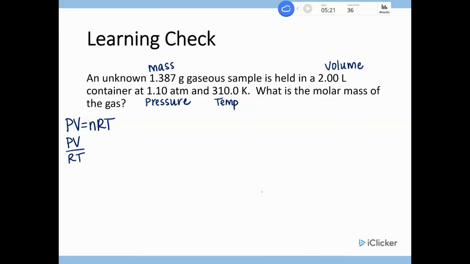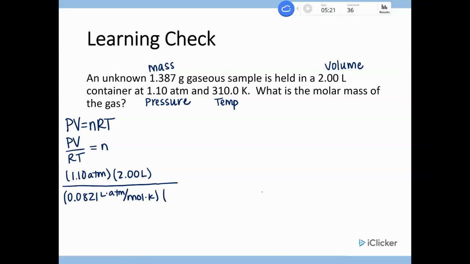Okay, we use the ideal gas law to solve for number of moles. So PV over RT equals n. Pressure 1.10 atm times volume 2.00 liters divided by R, 0.0821 liters times atmospheres over mole times Kelvin, times temperature 310.0 Kelvin.